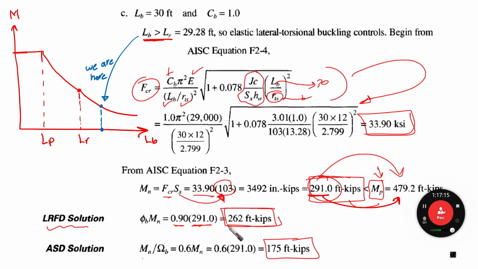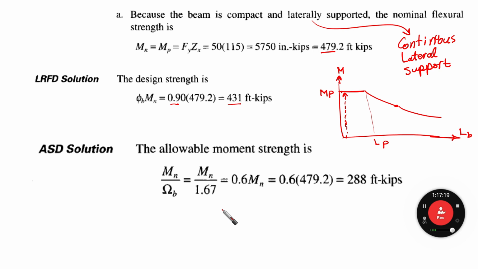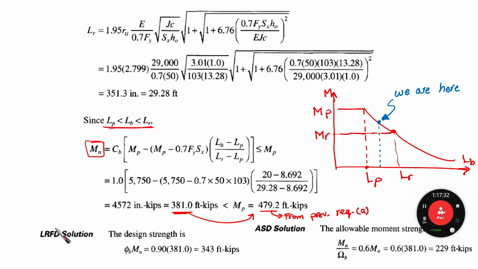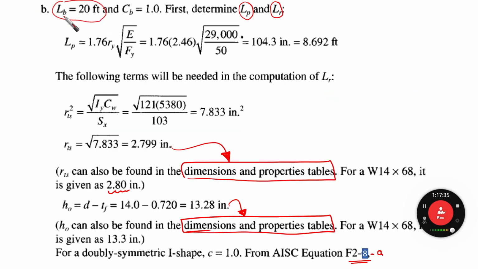Okay, I'm going to recap only. Take care of these values. In section A, our LRFD was 431, we are here, Mp. After that, in section B, we found that our Lb, the unbraced length, was 20 feet.